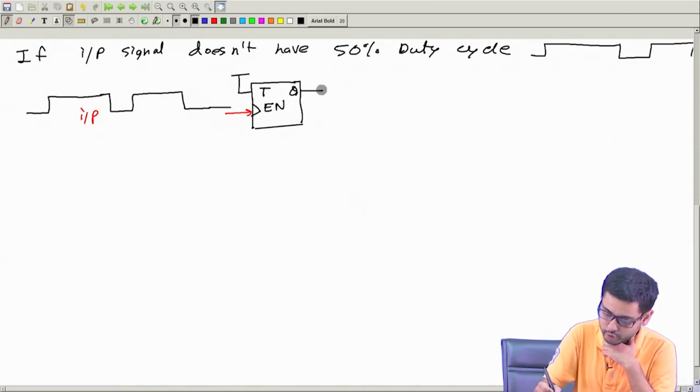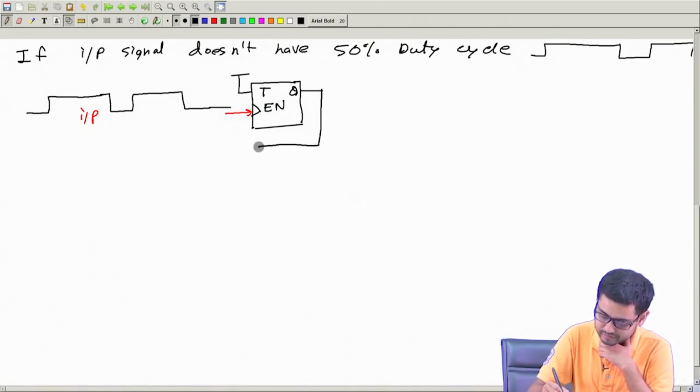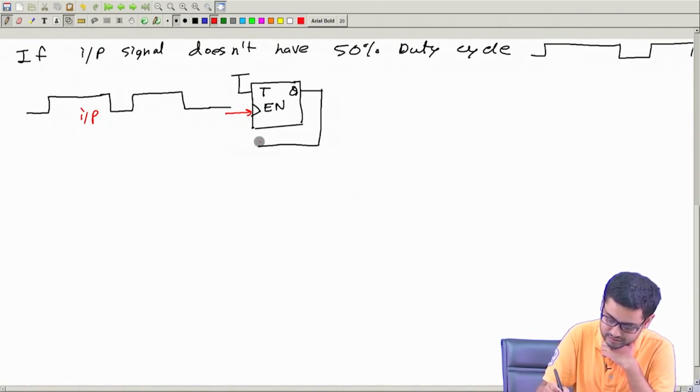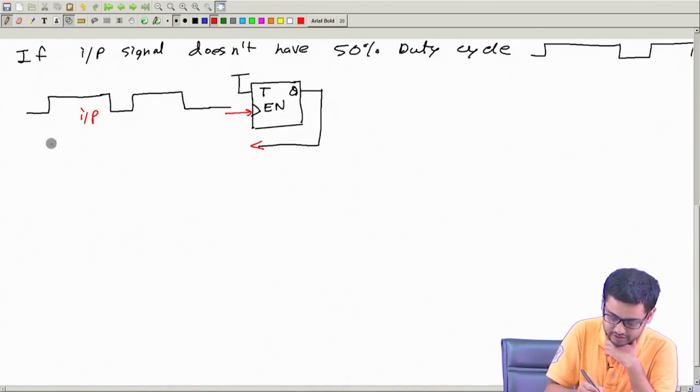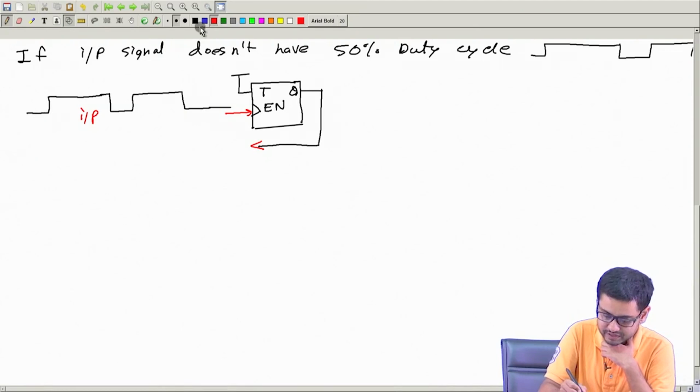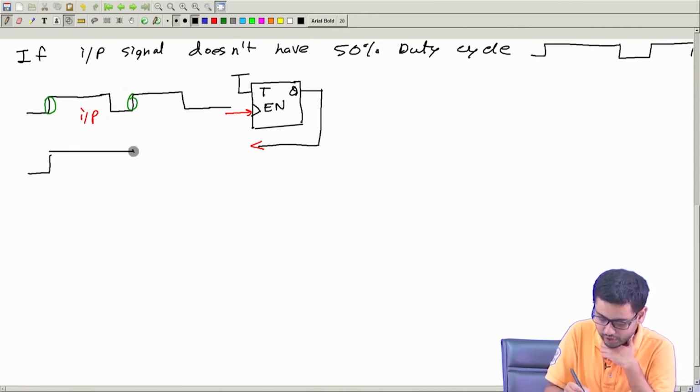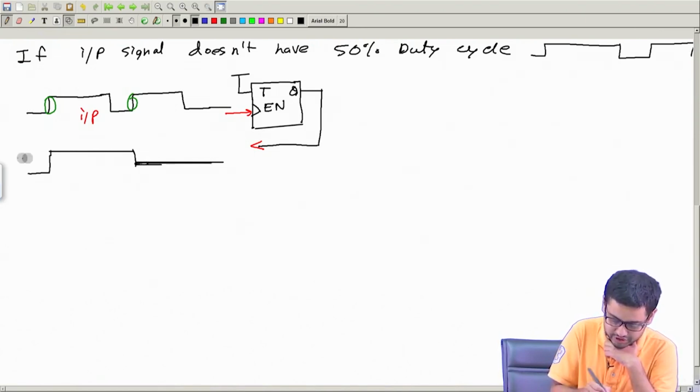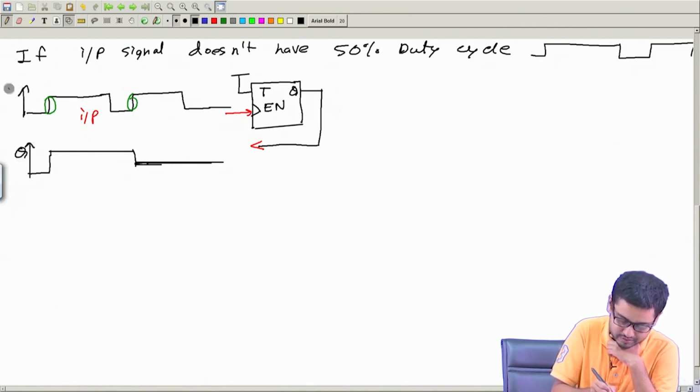So, if I draw Q here on the same axis, Q will change from 0 to 1 at this rising edge, then it will change at the next rising edge. So, Q will change like this, 1, 0, and so on. So, this is Q, this is input.